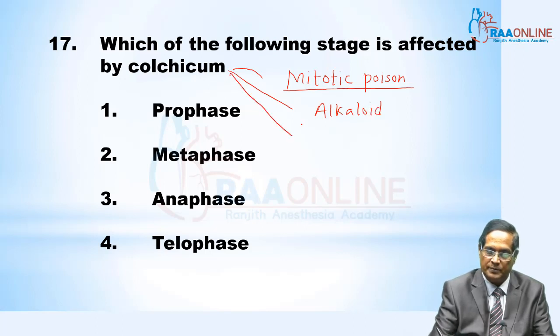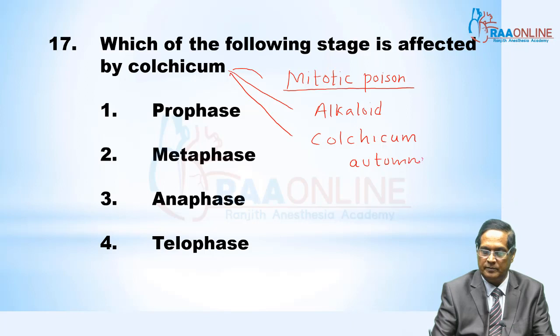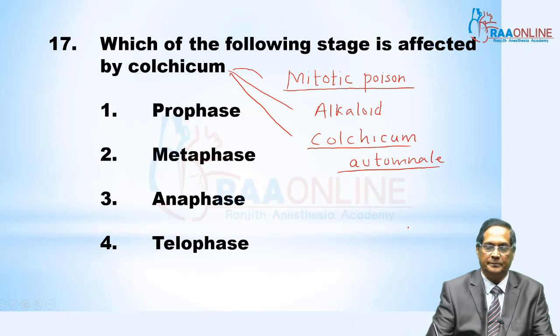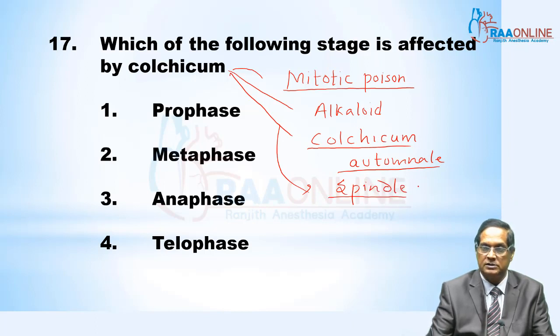This alkaloid is obtained from a plant, Colchicum autumnale, of the Liliaceae family. Colchicine inhibits spindle formation.